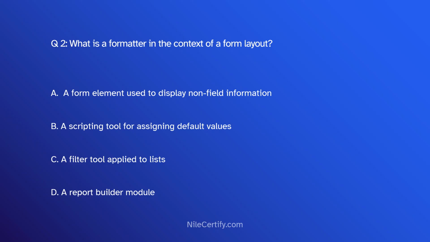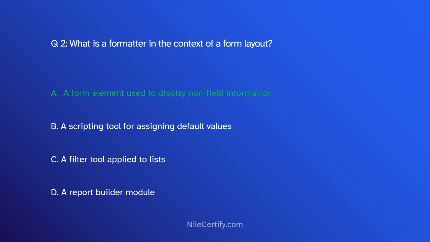Same with the process flow formatter. It shows stages of the record. You add these through form layout or form designer as formatters, not as normal fields. So A matches both the wording of the question and the official definition, and option A is correct.